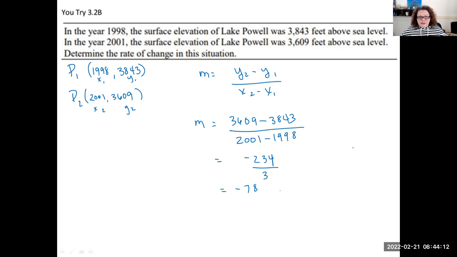All right. This part is important. You need to understand the verbiage, the wording to be used in your sentence, because they wanted us to determine the rate of change in this situation. And you're going to want to talk about what's truly happening. You're not going to say the rate of change is, I mean, you could, but it's not really discussing what's happening. I'm just going to throw the rate of change in here.